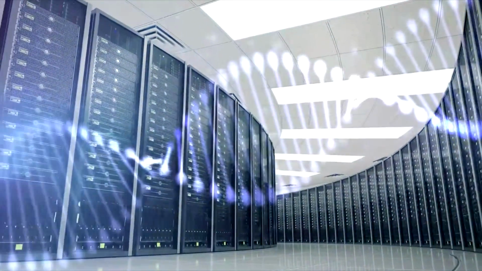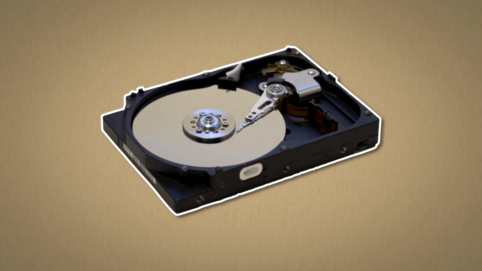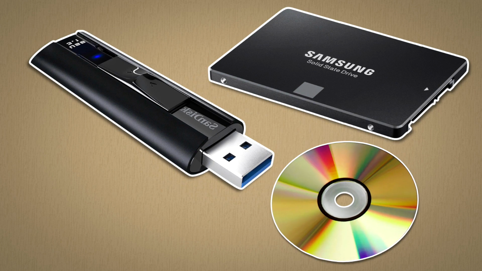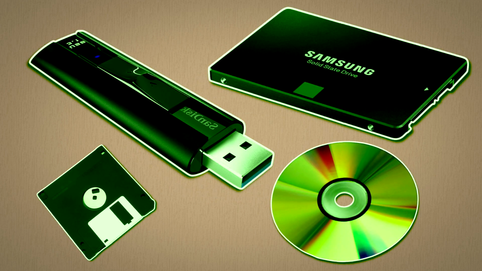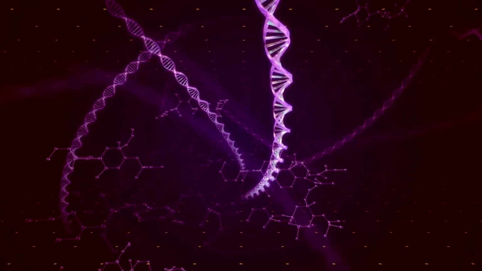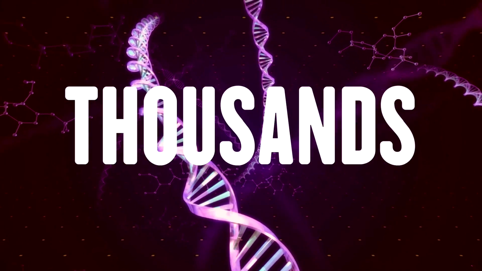DNA storage also lasts significantly longer than any other types of storage we have right now. Magnetic hard drives eventually lose their magnetism. Solid states, flash drives, CDs, everything else decays over time and will only last a few hundred years. Meanwhile, the DNA technology is estimated to be able to last thousands upon thousands of years.